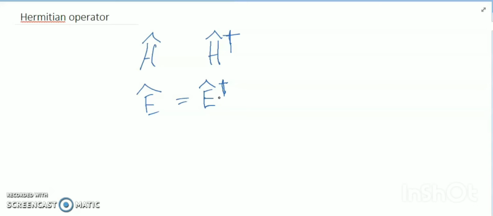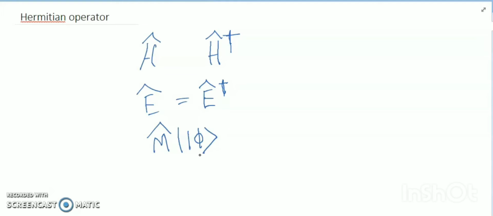We have worked with the following expression a lot. This is just acting the operator M on the ket phi.